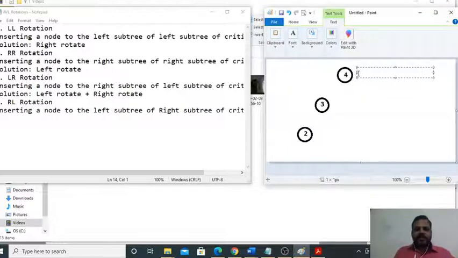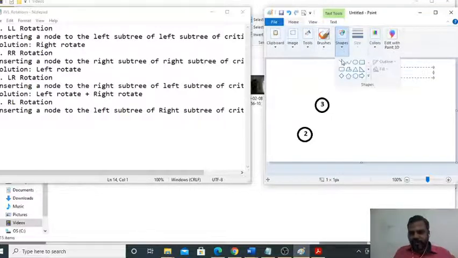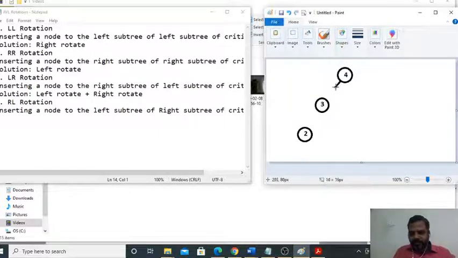Now, looking at the balancing of this tree, let me form the tree structure. 3 is the left child of 4 and 2 is the left child of 3.